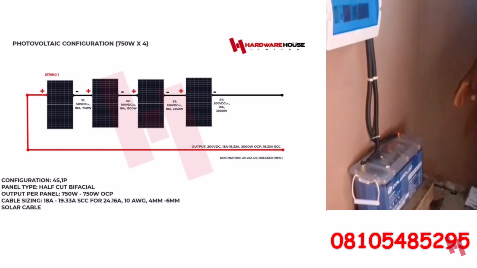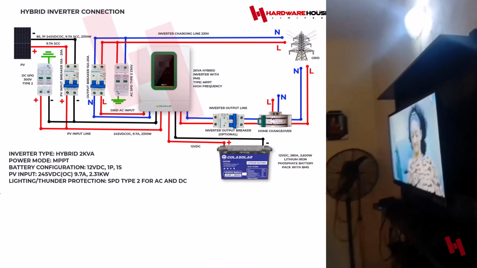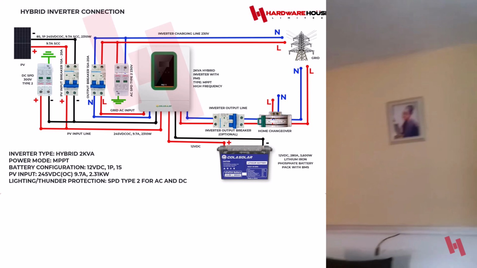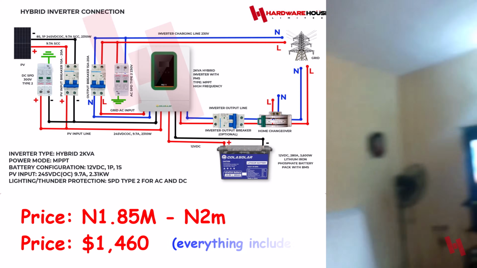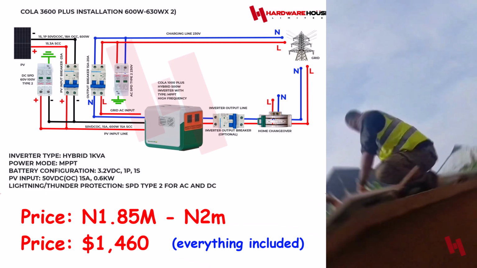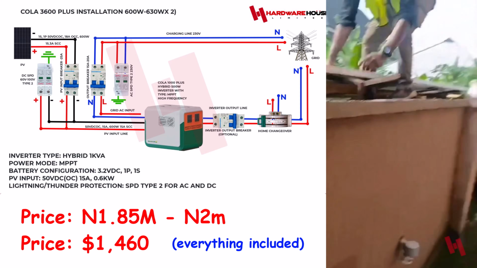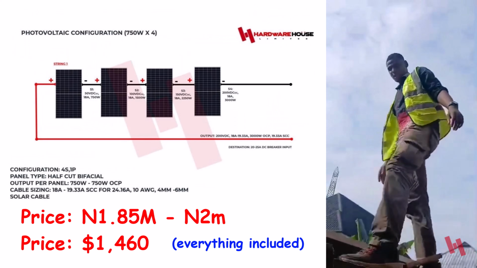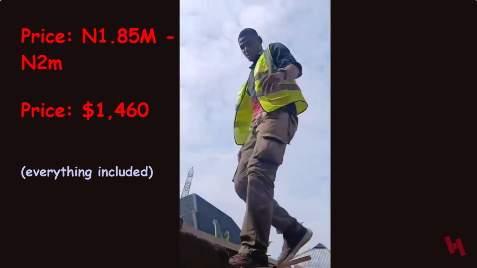But there are smaller units for self-contained that can run your loads as well, so you don't need to spend so much. But you can have this setup with around 1.85 million naira, and you have 24/7 lights, your AC, your pumping machine. Provided you use this load management system, we're telling you you're gonna have lights 24/7.